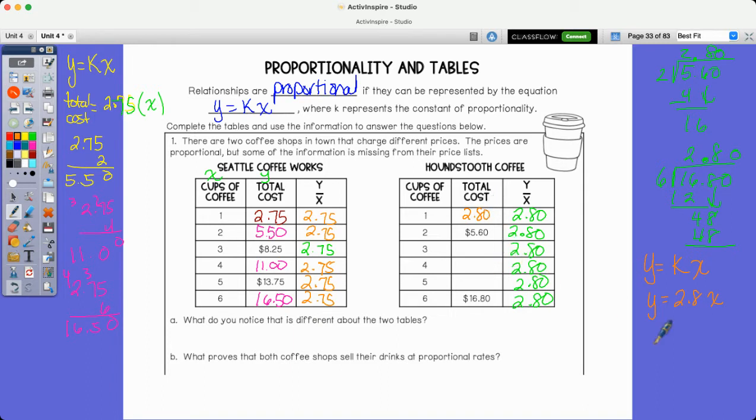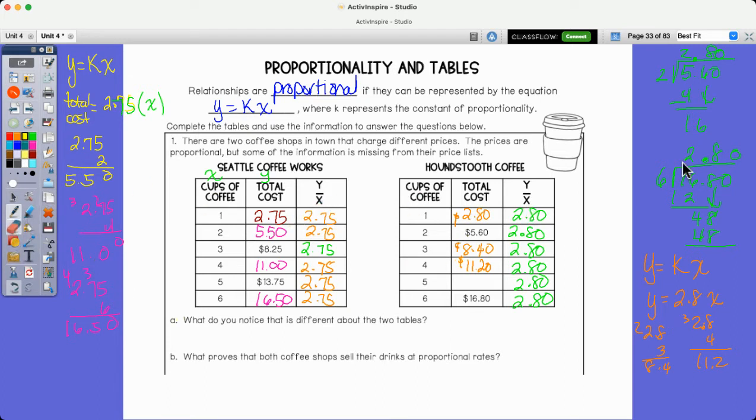We have 2. 280 times 3 is $8.40. 280 times 4. Remember, you can drop that 0. We just add it back on at the end. We get $11.20. Don't forget you bring in your decimal because we have two decimal places here.